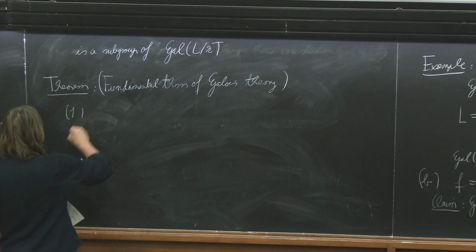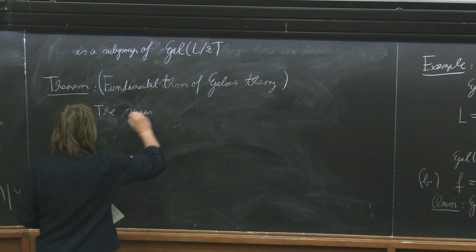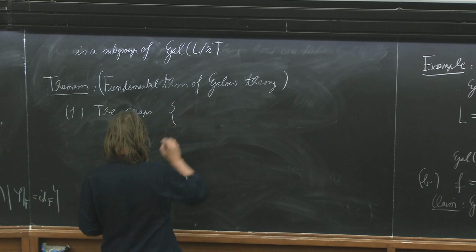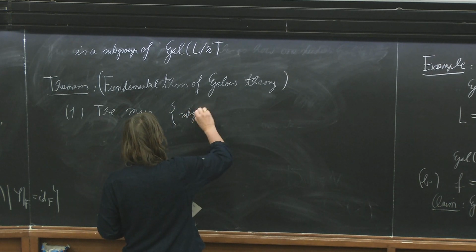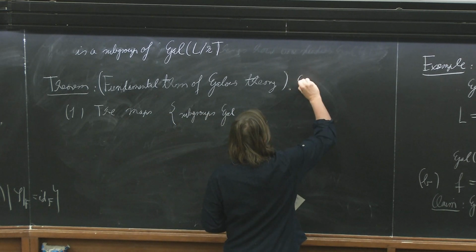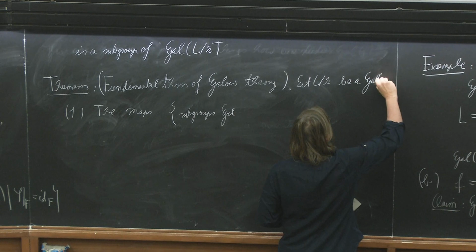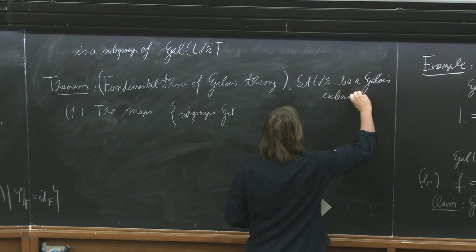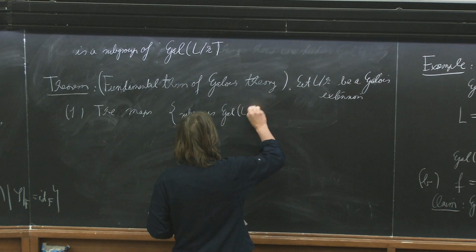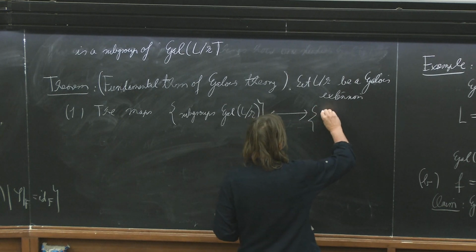So maybe I write it like this. Let L over K be a Galois extension. We have here the subgroups of the Galois group of L over K, and here we have the intermediate fields.